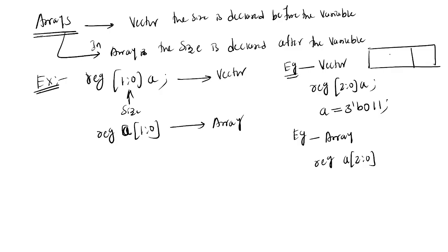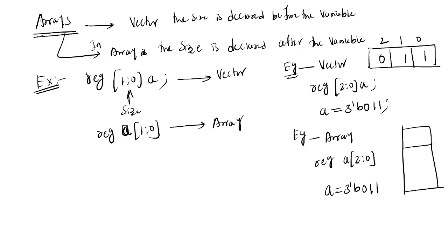There is an index we already discussed, 0 1 2, so 0 1 1 it will store. First the LSB will store, after that the MSB. And if I consider three locations, and here a equal to 3'b011, it will store vertically.